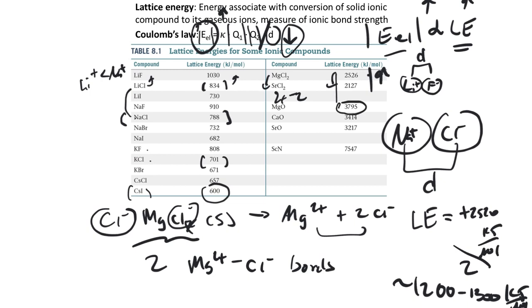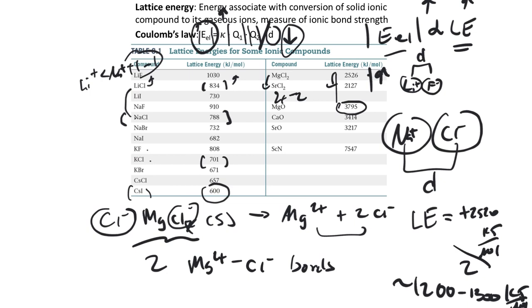It's almost a factor of 4 higher than a comparably sized +1 -1 set of ions. So for ranking these compounds in order of increasing lattice energy, +2 -2s are greater than +2 -1s, which are greater than +1 -1s.